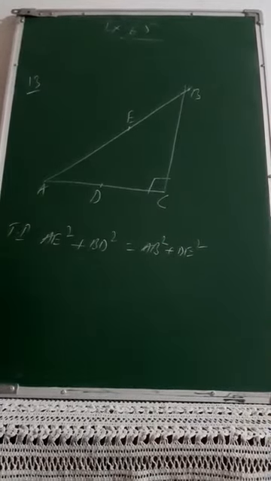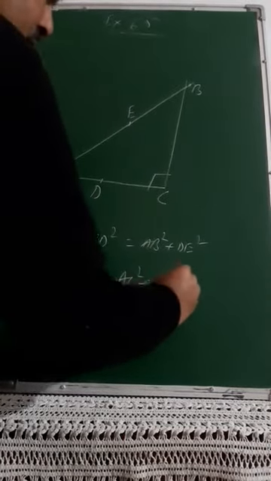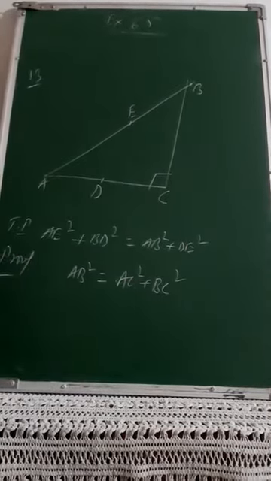So in my proof, first of all AB square. AB square I will be getting from this triangle: AB square is equal to AC square plus BC square. Is it or not? By Pythagoras in triangle ABC.